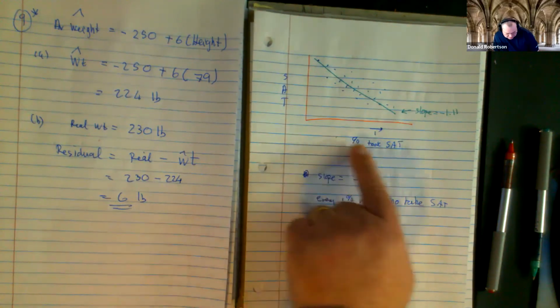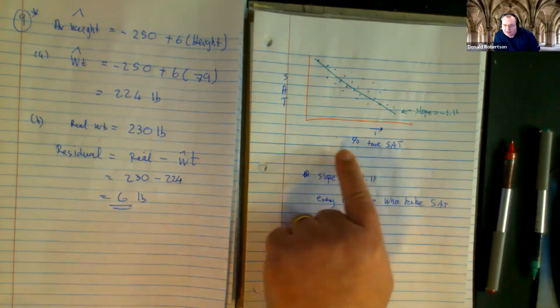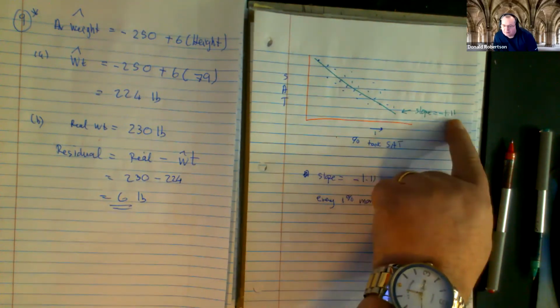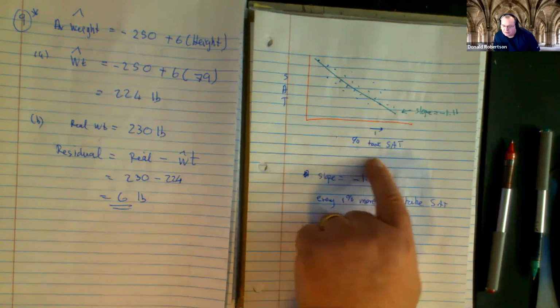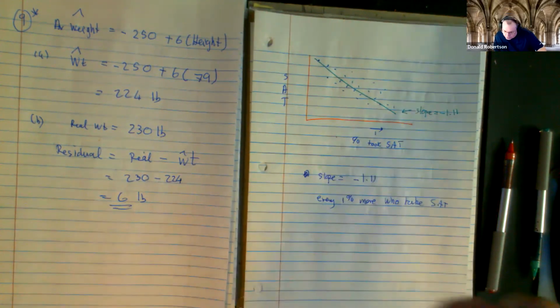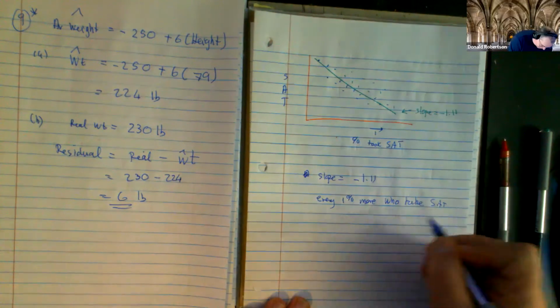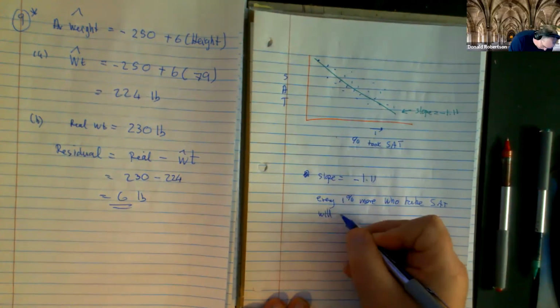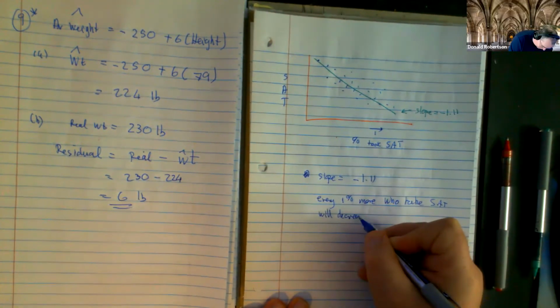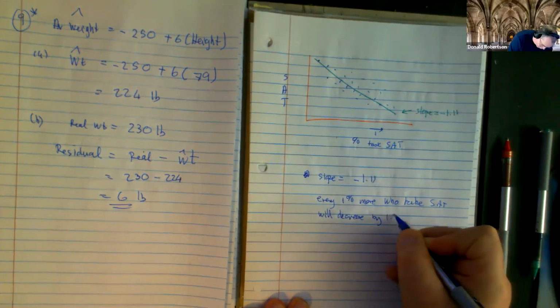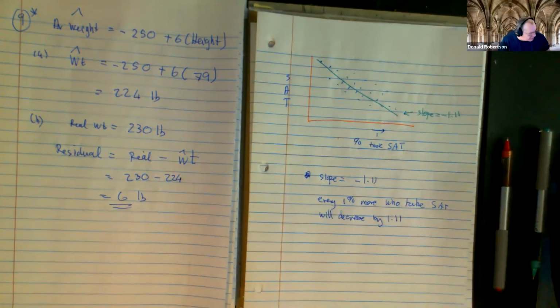So for every X, what will happen to the Y? Every X goes up, the SAT will decrease by 1.11. And they give you 5 sentences and one of them means that. You pick the one that means that. And that one's pretty straightforward. I won't do that one.